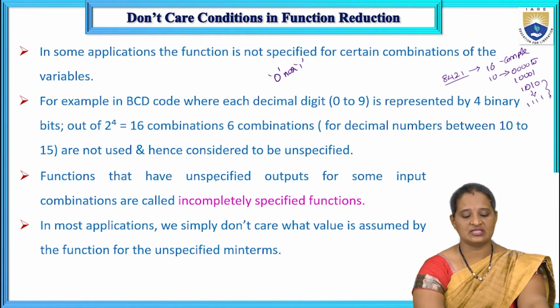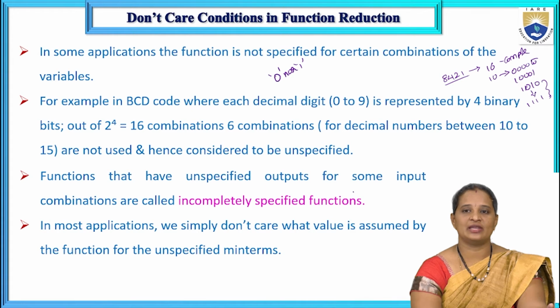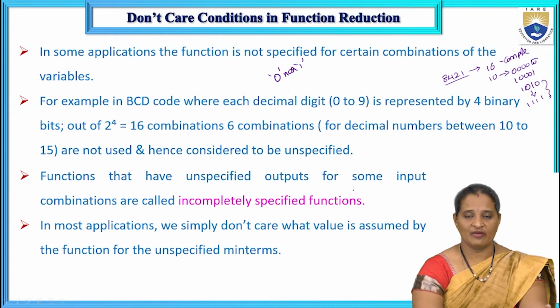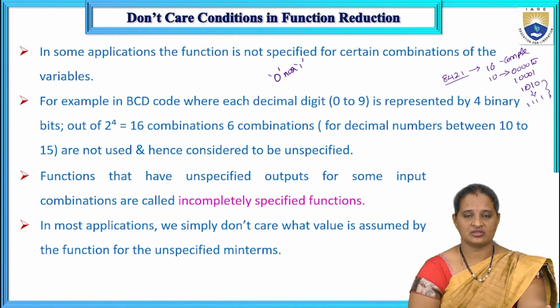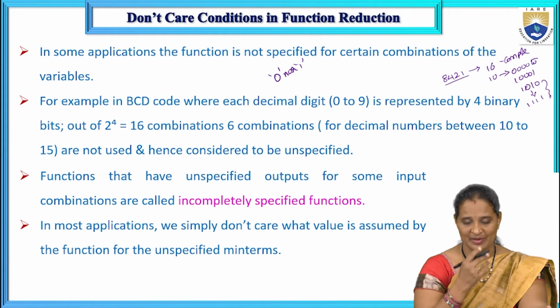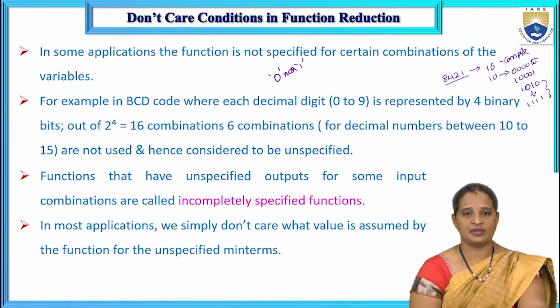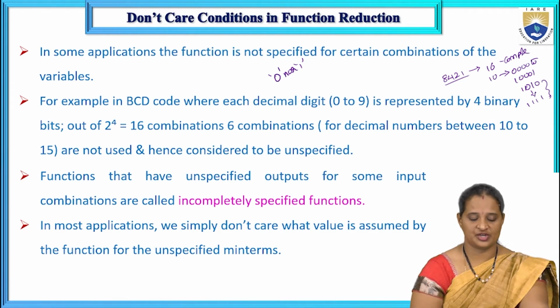The functions that have unspecified outputs for some of the input combinations are called incompletely specified functions. If we can specify the output for all the possible input combinations, then such a function is said to be a completely specified Boolean expression.